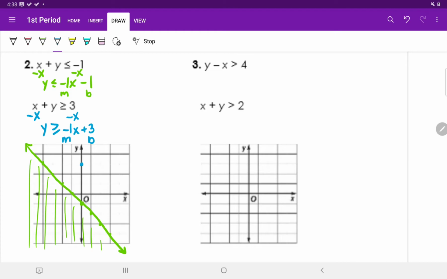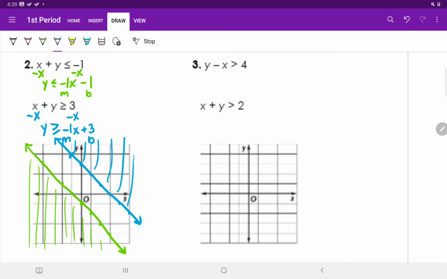That means we'll cross the y-axis at positive 3, and our slope, again, is negative 1. So we'll go down 1 and right 1, continue the pattern in the other direction as well, and our line this time is also solid. This inequality is greater than, so we're going to shade above the line.